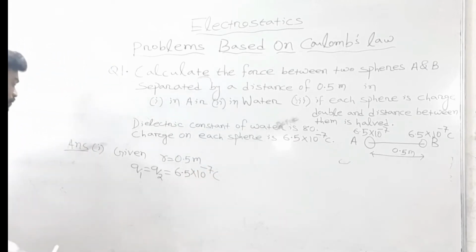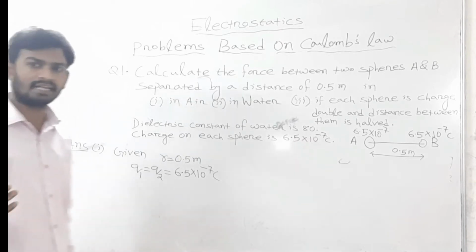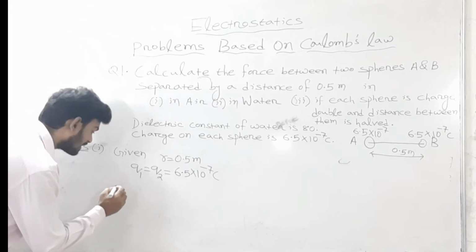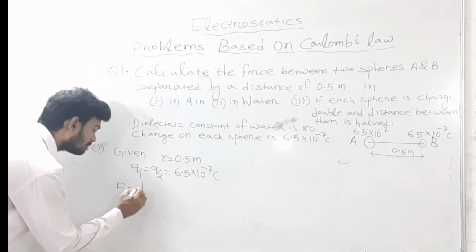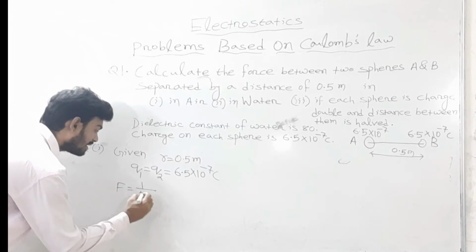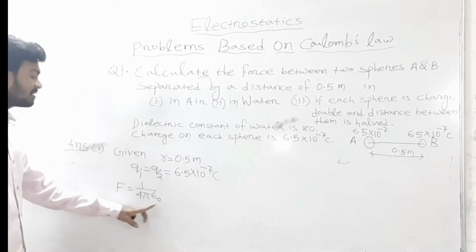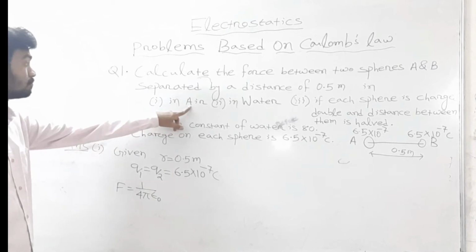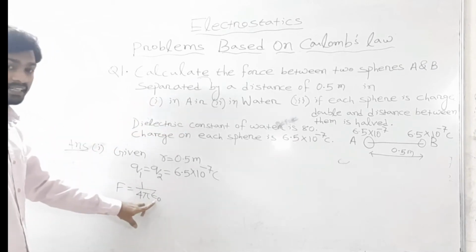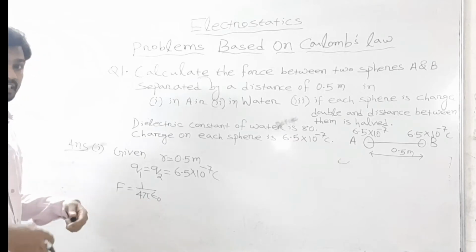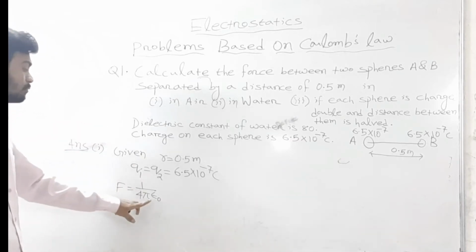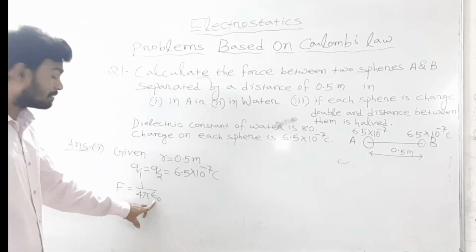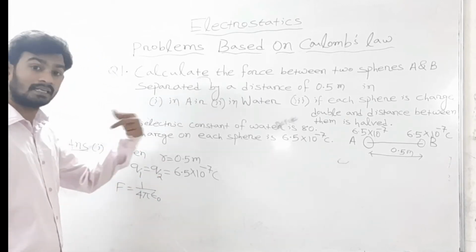Now, according to Coulomb's law, force F is equal to 1 by 4 pi epsilon naught Q1 Q2 divided by R square. Because it is asked for air medium, we write epsilon naught. For any other medium, in place of epsilon naught we have to write epsilon.